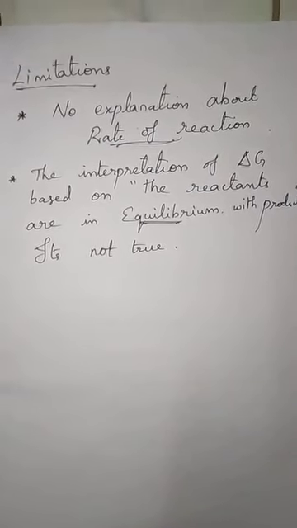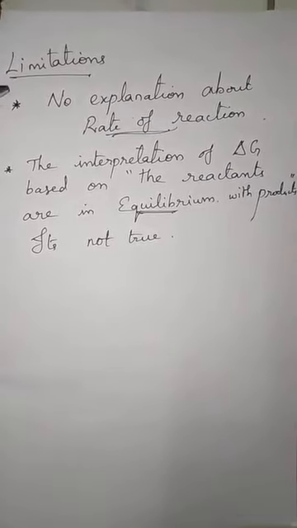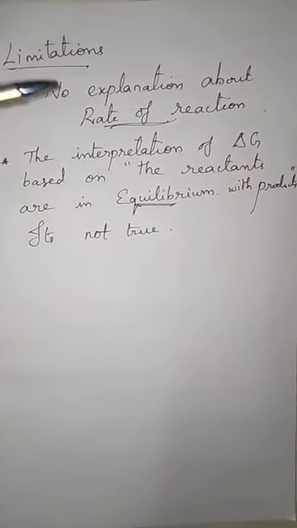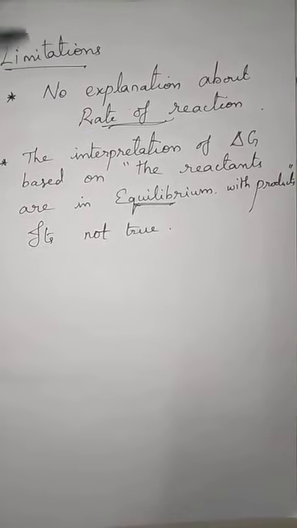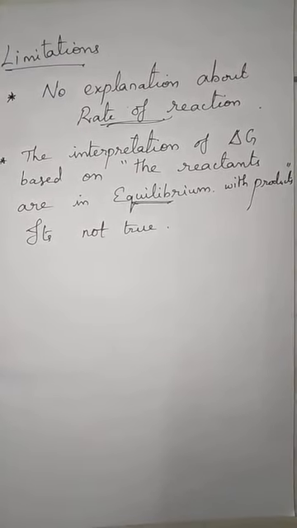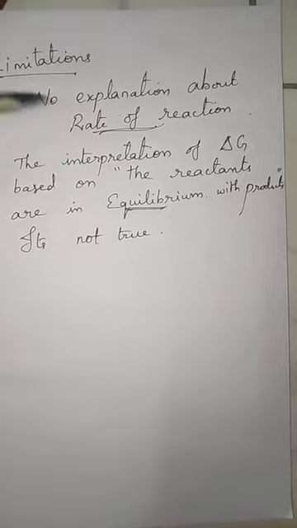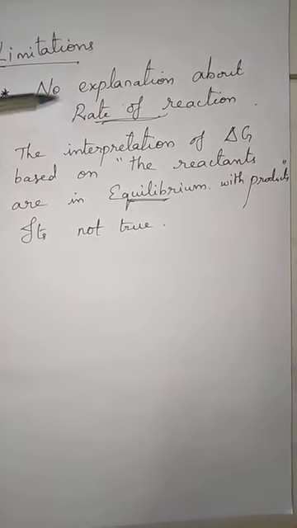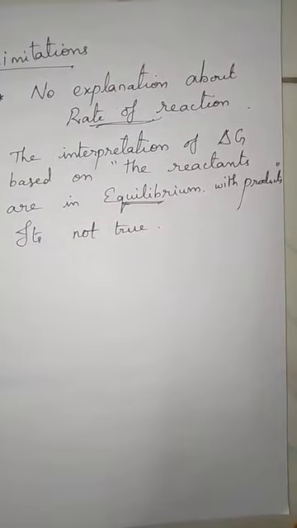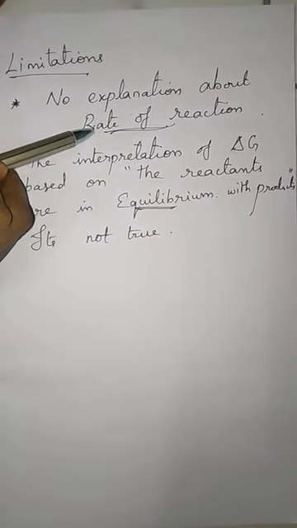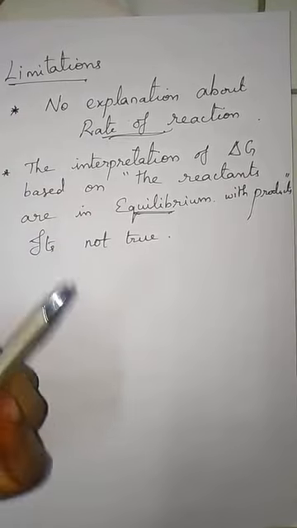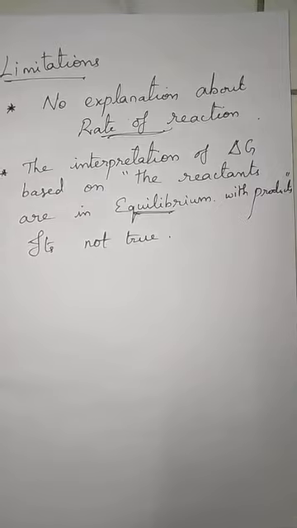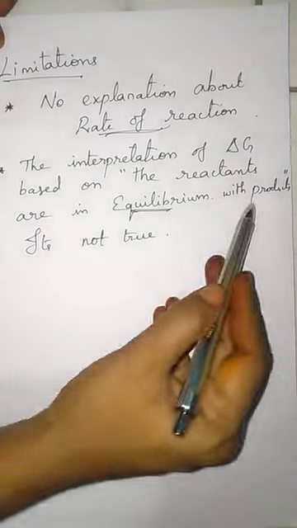Limitations of the Ellingham diagram. When we introduce the thermodynamic factor, that is delta G, the rate of reaction should be explained. But in the Ellingham diagram, the reaction is carried out and the calculation of delta G is all done, but they didn't tell anything about the rate of reaction. So the rate of reaction could not be explained, and the interpretation of delta G is based on the reactants always being in equilibrium with the products.